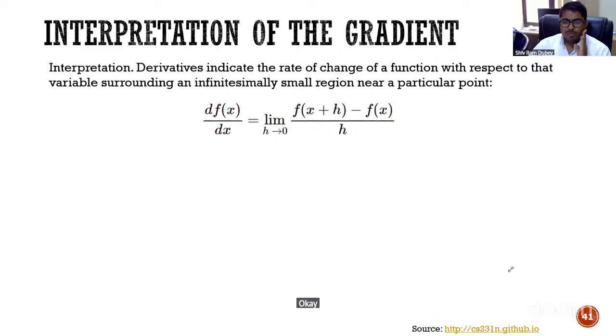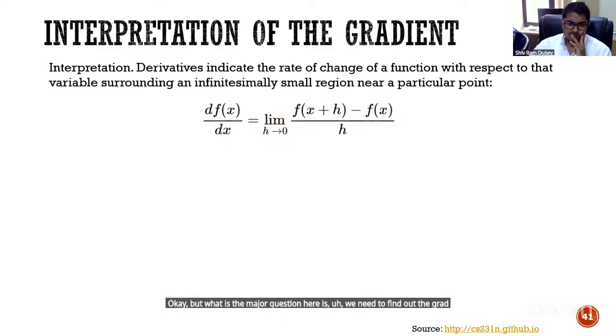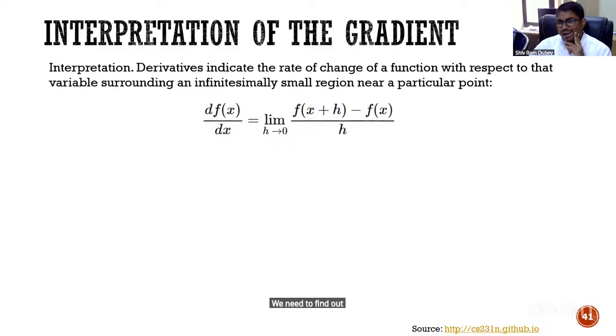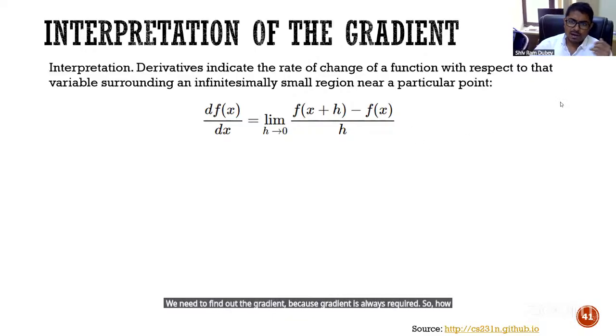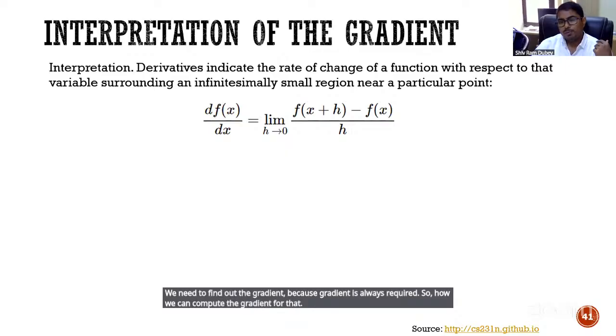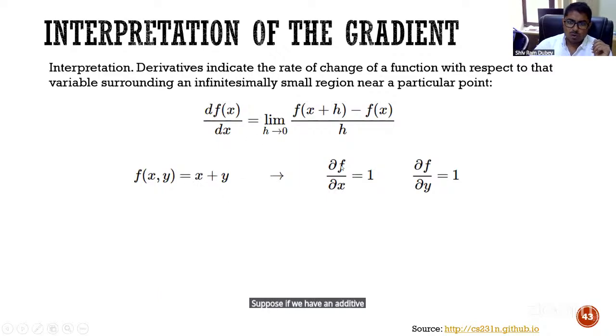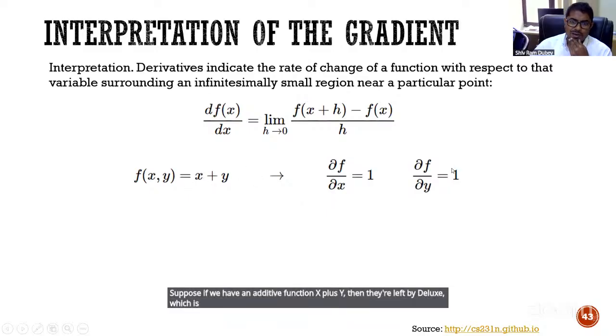But the major question here is we need to find out the gradient, because the gradient is always required. So how can we compute the gradient? For that, we need to make use of the chain rule, and all of you are well aware of the chain rule. For example, if we have an additive function x plus y, then del f by del x, the partial derivative with respect to x, is 1, and the partial derivative with respect to y is 1.